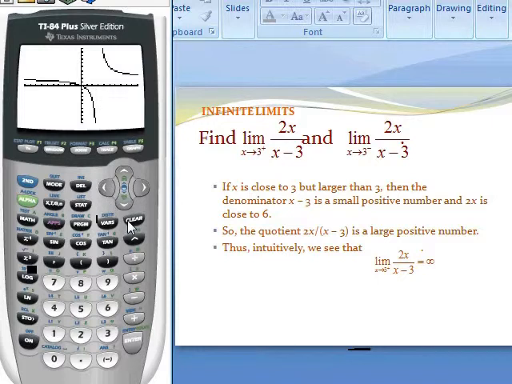All right, so I'm going to do one-sided limits. Limit from the left, limit from the right. When I approach 3 from the left, you can actually trace that, and look what happens.